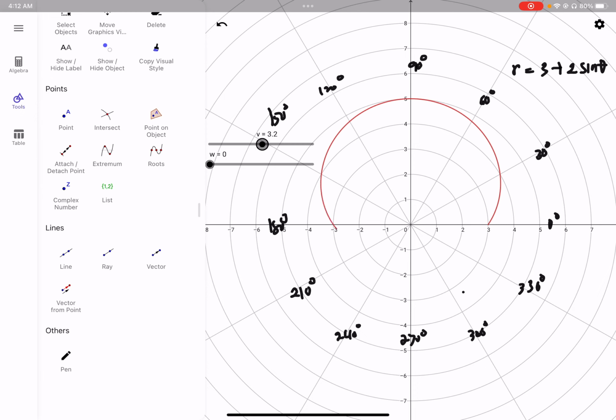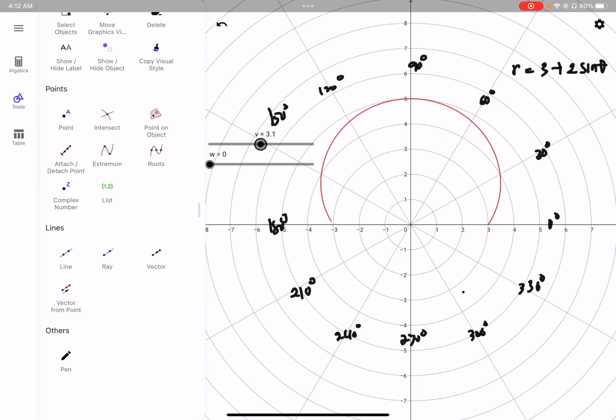And if we continue, at 180 degrees, sin 180 is 0, and then 3 plus 0 is 3. Actually, it's not negative 3, it's 3. As long as it points towards the angular position of 180 degrees, that makes it positive.